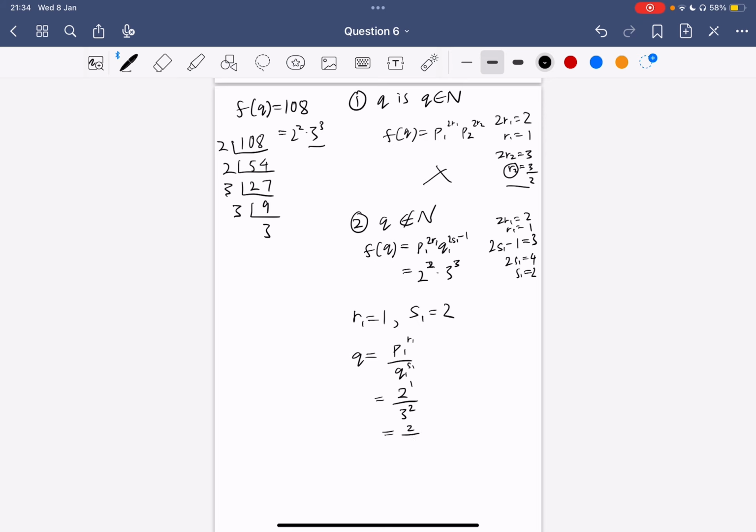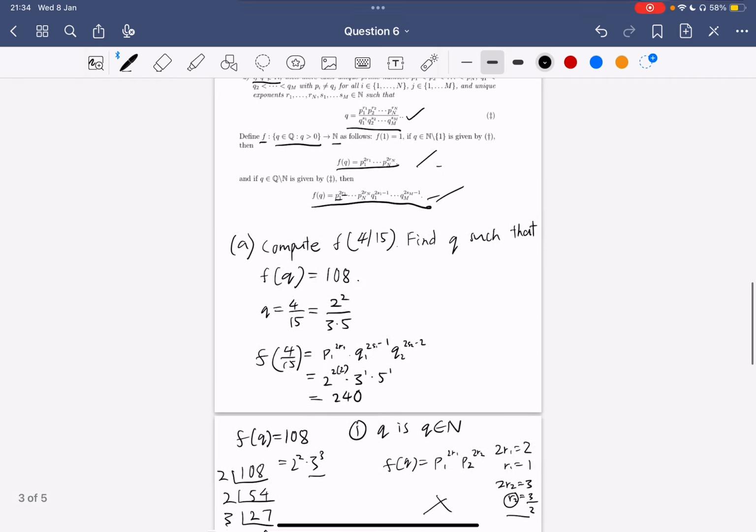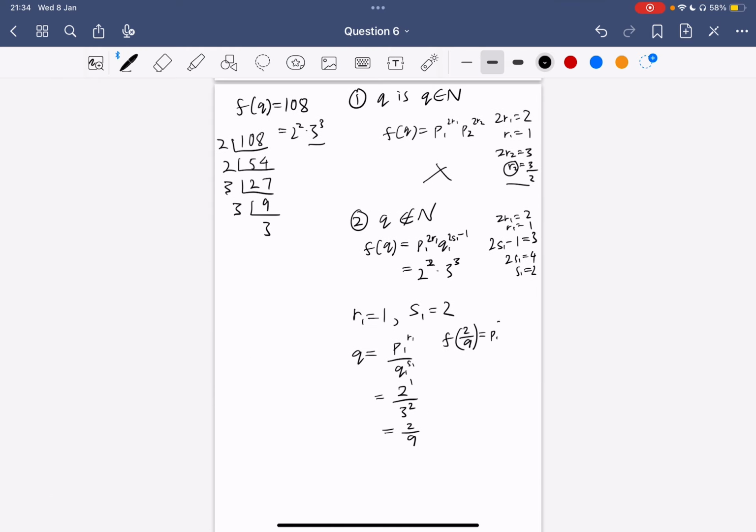So q is 2 over 9, and we can just check that this is correct by mapping it back to f of q. f of q is given by that, where p1 is 2 to the r1, and q1 is 3 to the s1 minus 1.